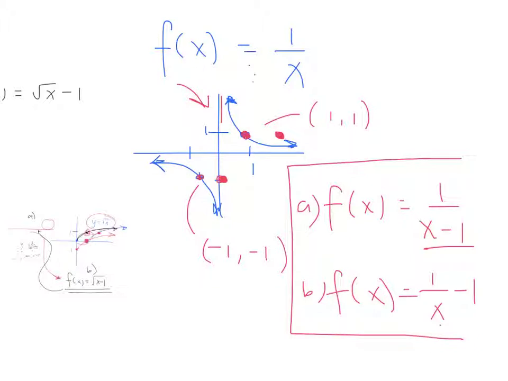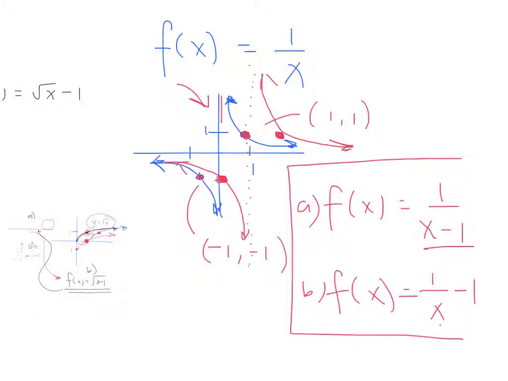So you can create a dotted line to represent the movement. That will be your guide when you graph the 1 over x minus 1. You cannot pass through the dotted line. On the second graph, you should pass through the point, but you cannot go through the dotted line. Okay? Is that clear?